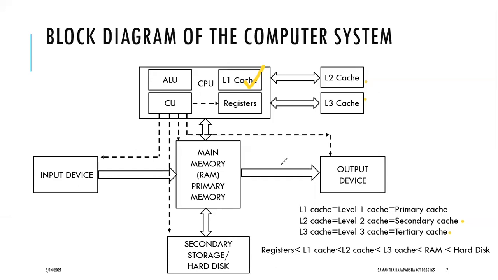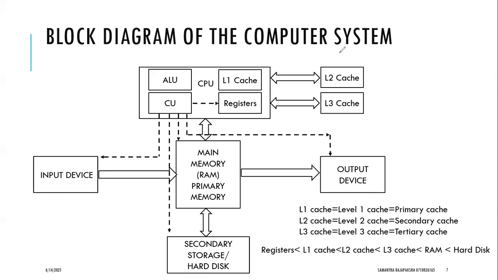When level 1 is full, we put the data in level 2 cache. If the level 2 cache is full, we put the data in level 3 cache. So first we fill the level 1 cache. After that, if it is full, we go to the level 2 cache, and after that, the level 3 cache. That's the order in which data is inserted into the cache memory.